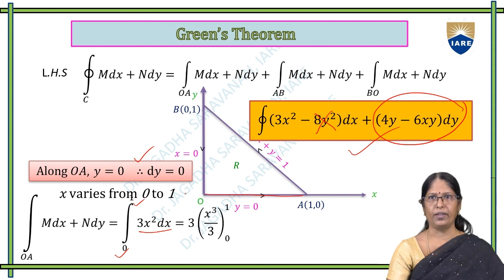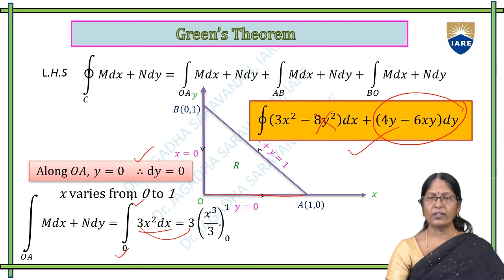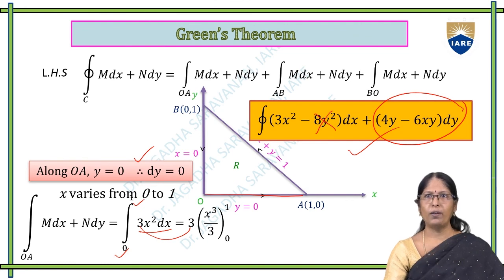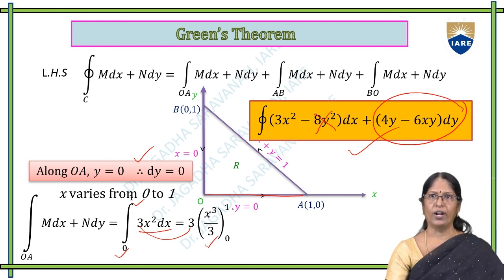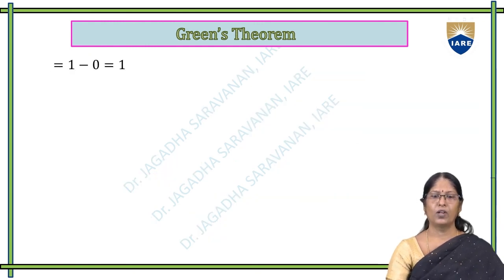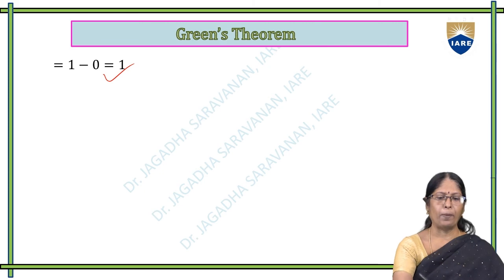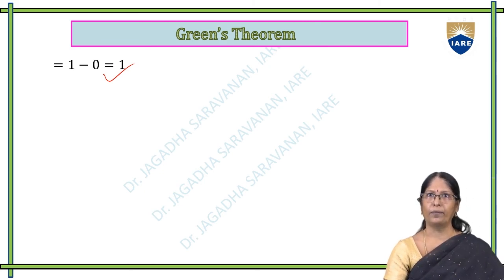This 3 is written as it is, x square dx, that is n is 2, 2 plus 1 by 2 plus 1, so x cube by 3, from 0 to 1. So the 3 gets cancelled. So 1 minus 0 equals 1. So for the particle from O to A, we obtained the value 1.